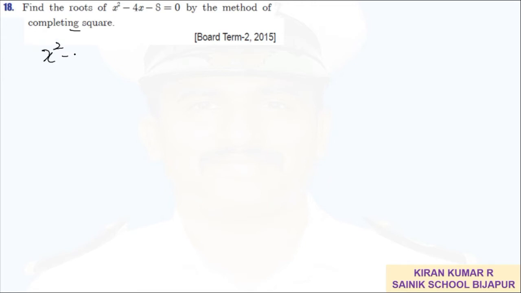So x square minus 4x can be written as positive 8. Now add half of the coefficient of x whole square on both the sides. Instead of adding and subtracting, I'll add on both the sides.